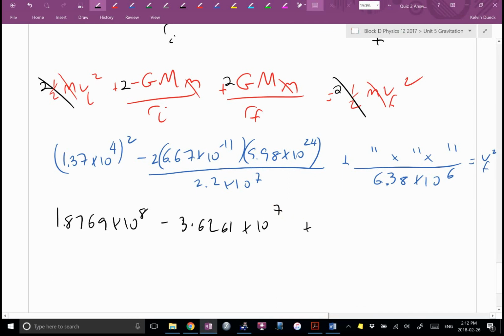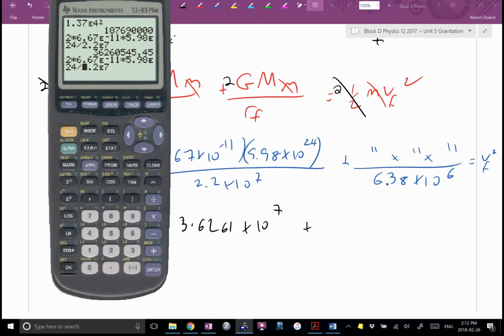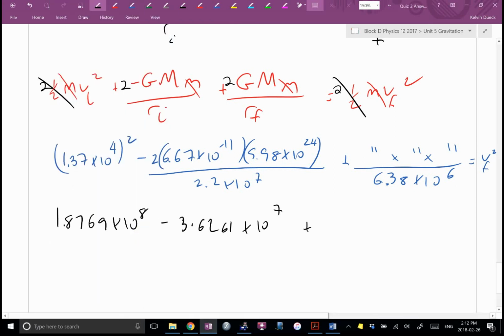Plus the same thing, but let's backspace and edit. I think all I need to change is the 6.38 times 10 to the 6th. The 2 stays, that stays.